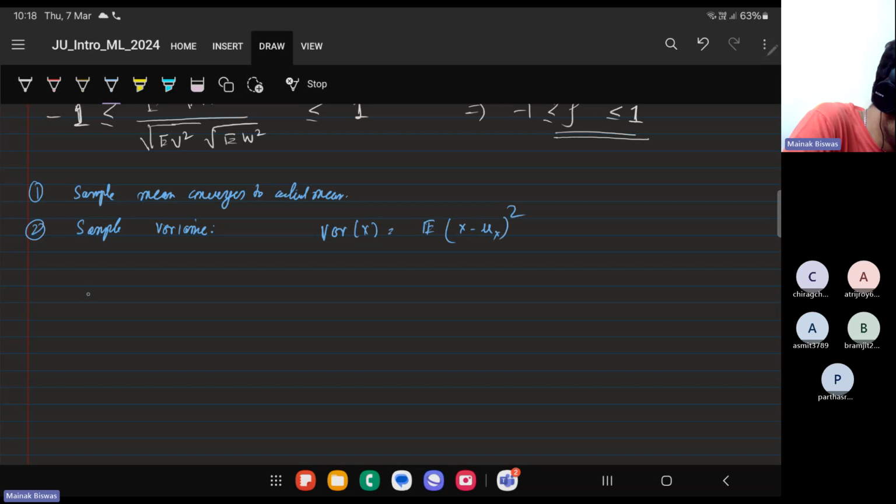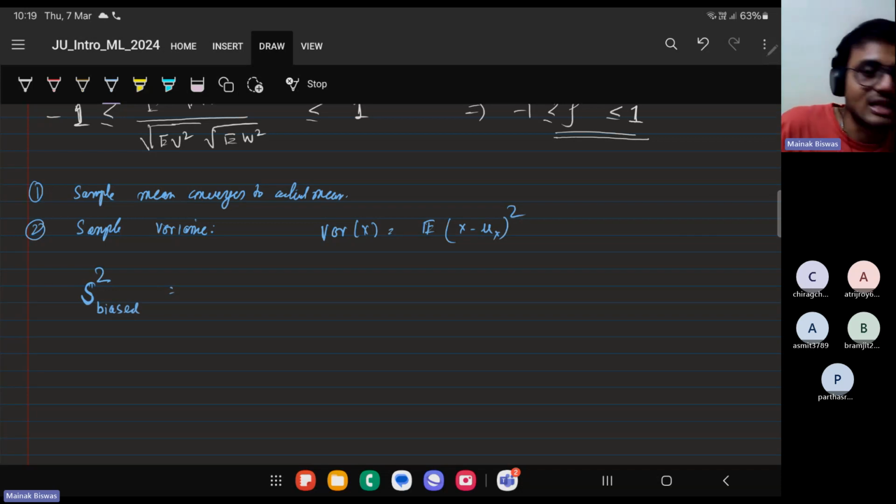So let us define the sample variance as S squared, and let me write S biased. I'll show why I'm writing S biased later on.